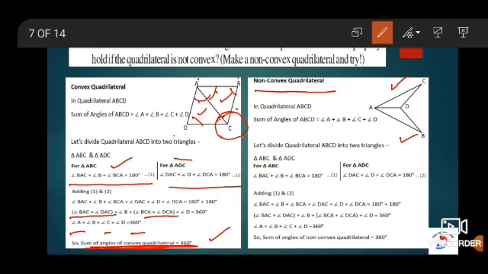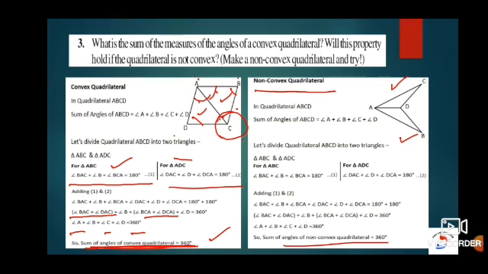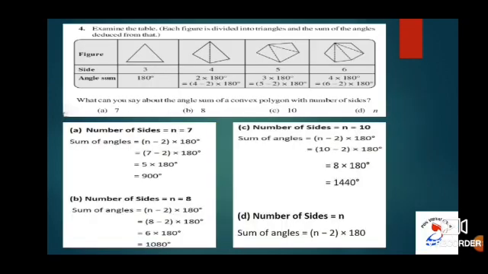In both the triangles, again you can apply the same property, and on adding both the equations, it will give you the result as 360 degree. So whatever the quadrilateral may be, convex or non-convex, the angle sum property of a quadrilateral is 360 degree. Similarly, the angle sum property of a triangle is 180 degree.